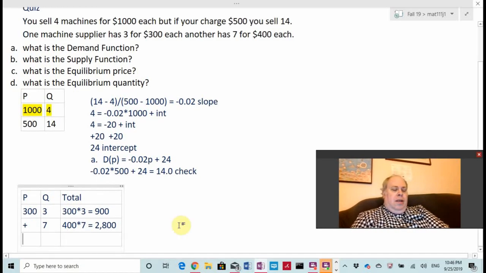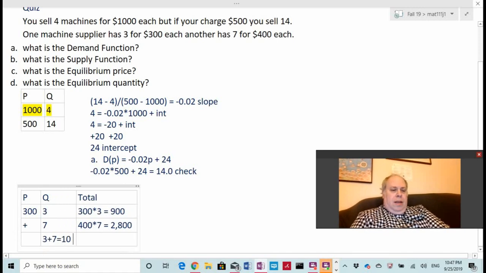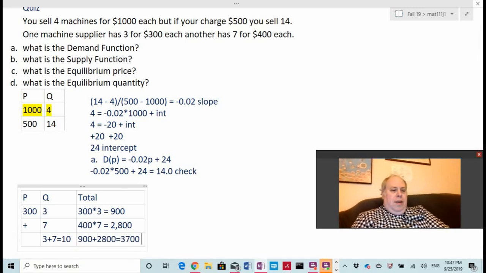$2,800. So the total number of machines, because we're adding up the quantity column, will be 3 plus 7, which is, of course, 10. And the total we spend will be 900 plus 2,800, which is 3,700.